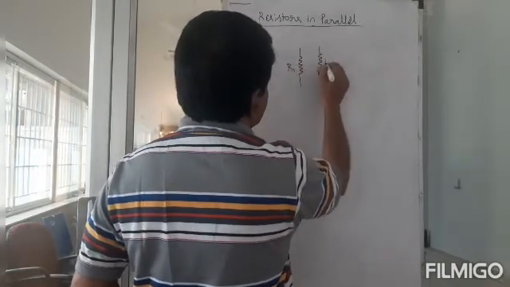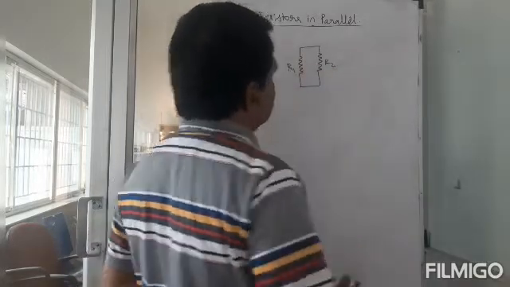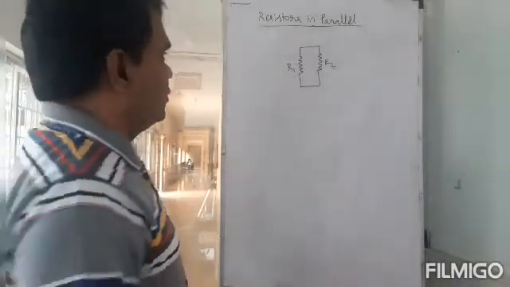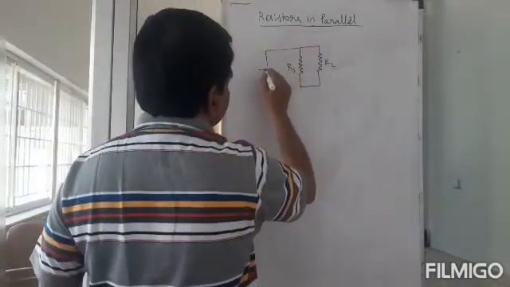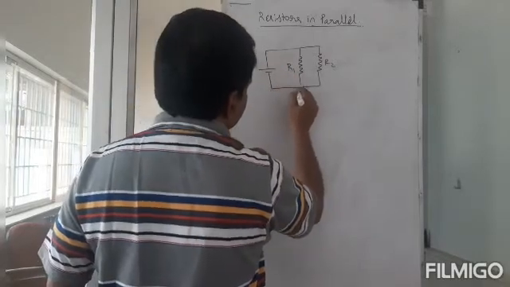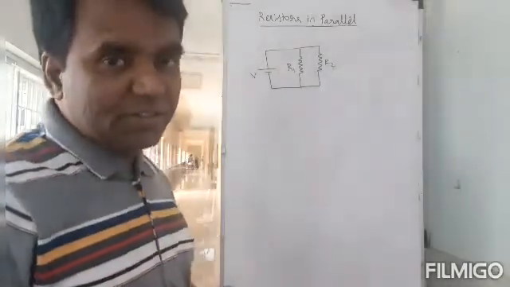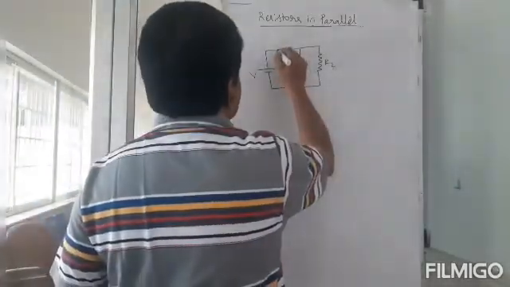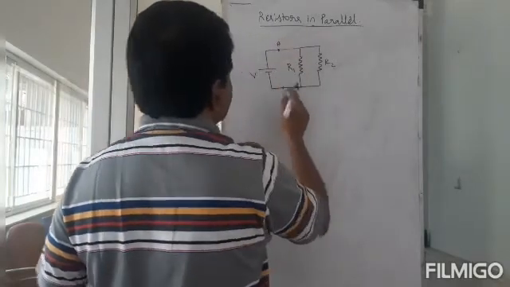This is R1, this is R2, like this. So what I'm going to do, I'm going to connect these two to a battery, V. So what are the points I'm interested in? I'm interested in these points, point A and point B.